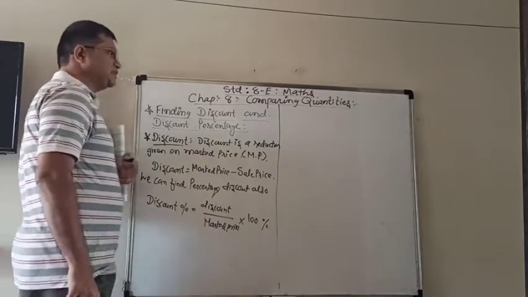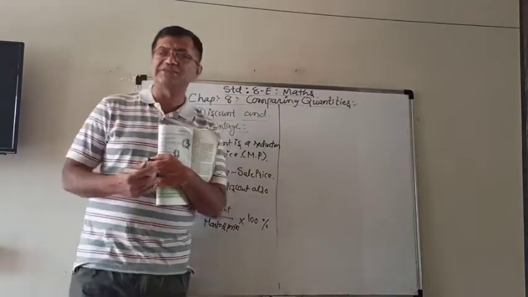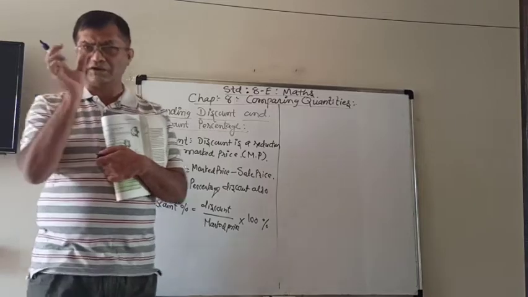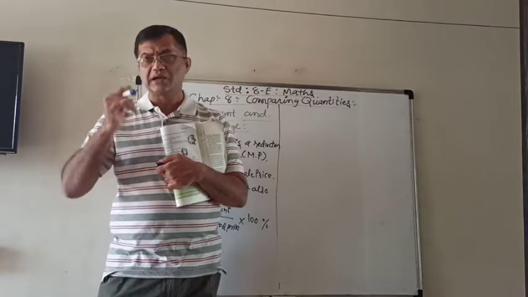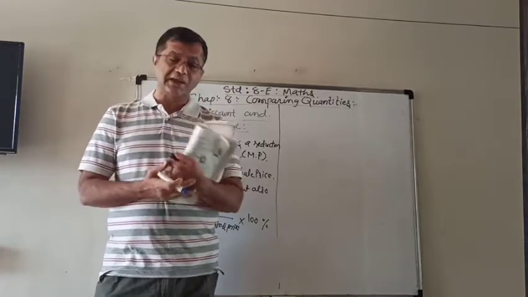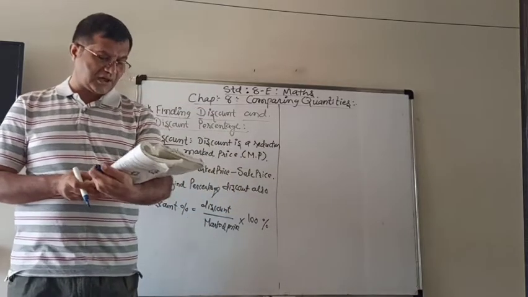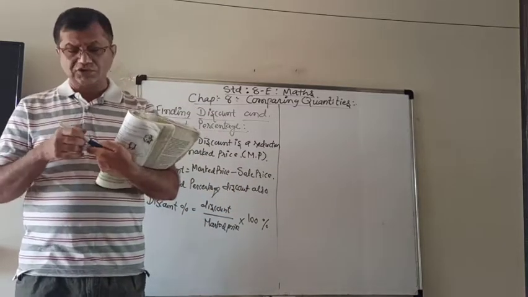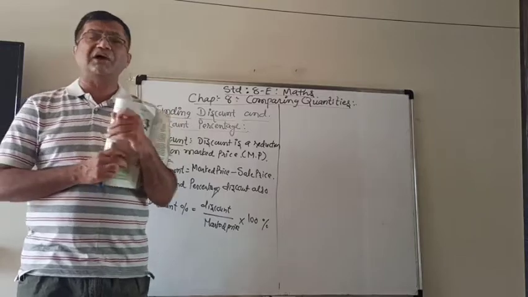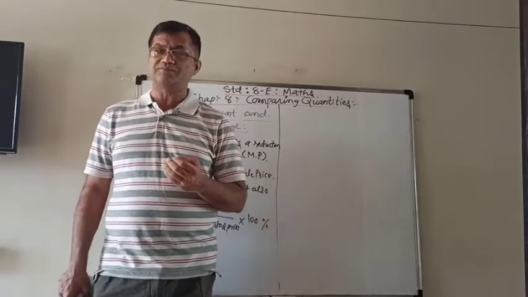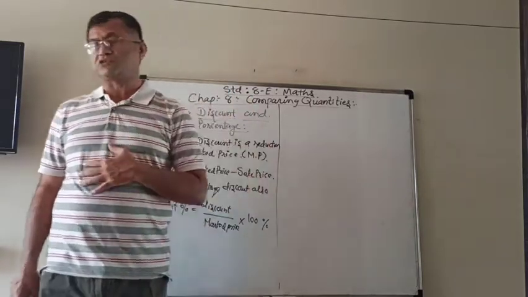Whatever discount you get, divide by marked price and multiply by 100. So that is the way you find the discount and the discount percentage.